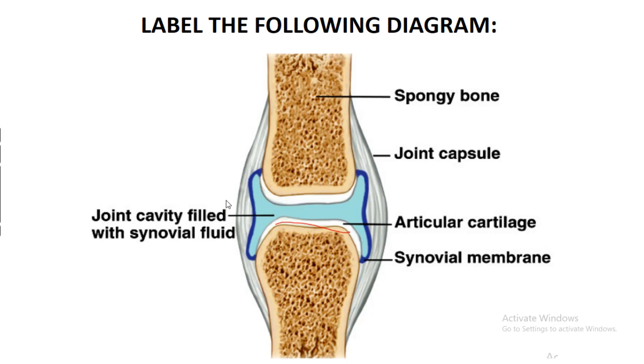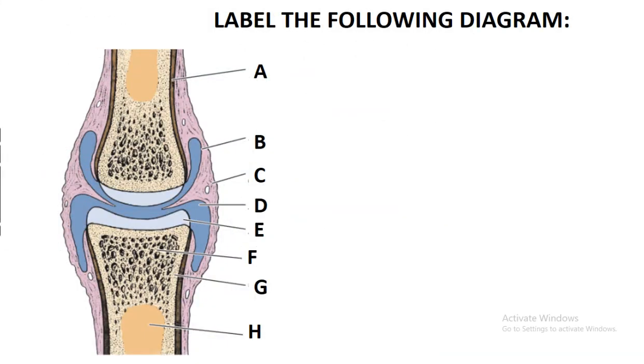Remember, in my preamble, I said that the synovial joint has an important structure, and this structure is simply the synovial cavity. And this synovial cavity contains the synovial fluid. Let's quickly move on and look at another diagram on the synovial joint. In this case, we have also been asked to label the diagram, and A is simply the periosteum.